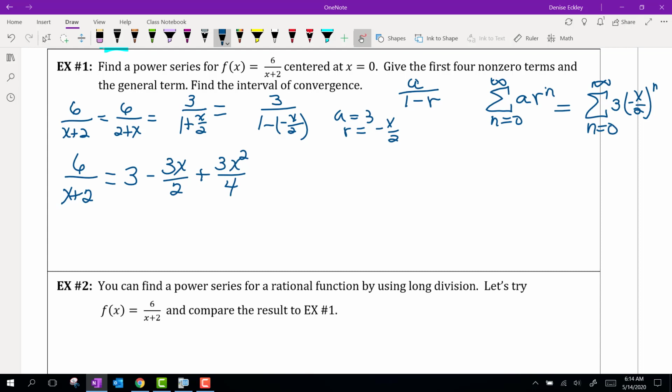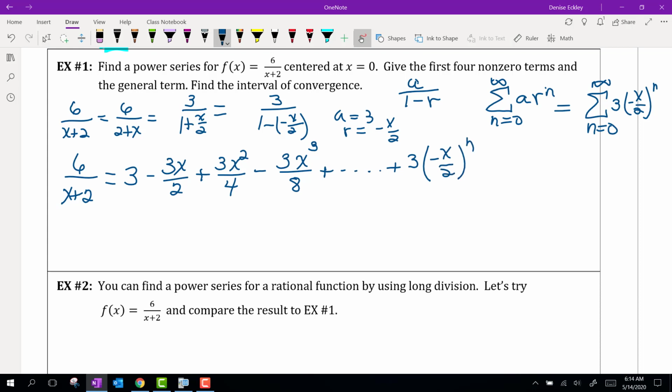And then we're going to follow that pattern. So when 3 is put in there, the 2 gets cubed. Okay, like that. So we end up with 3 times negative x over 2 to the n.